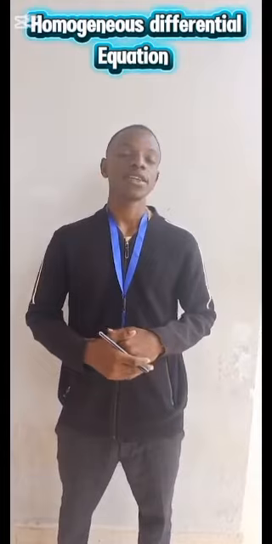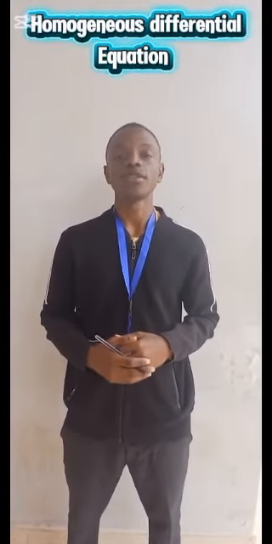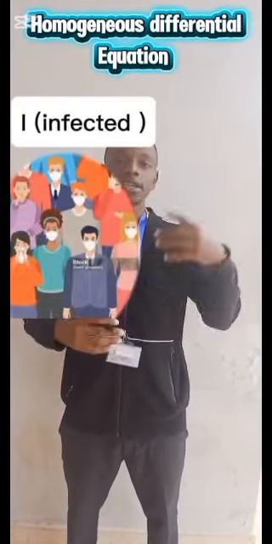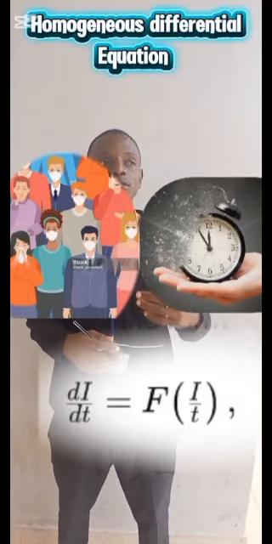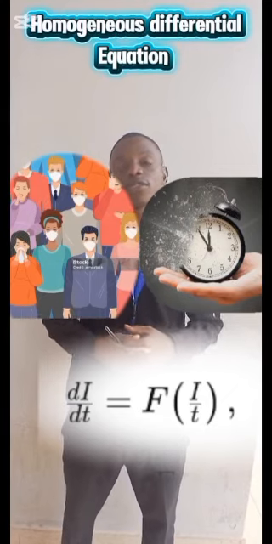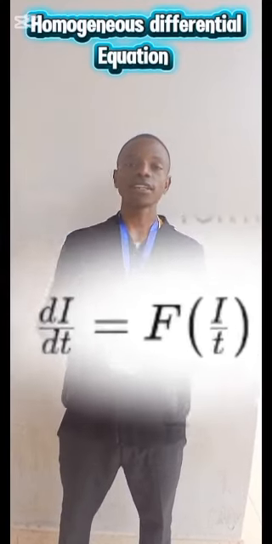Then, if infection rates depend on the ratio between the infected people and time, it can be mathematically shown as the rate of change of infected over the rate of change of time, which is equal to a function of infected people over time.